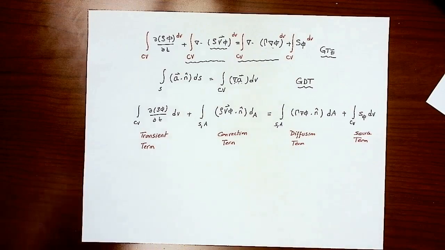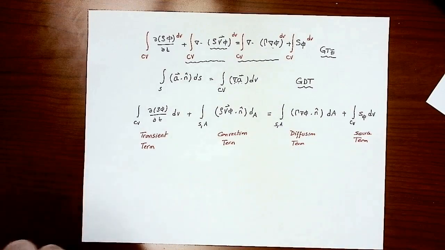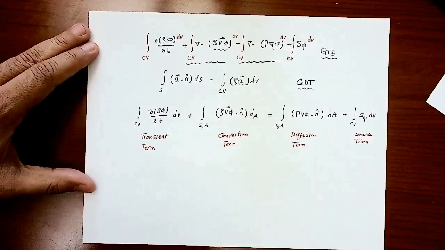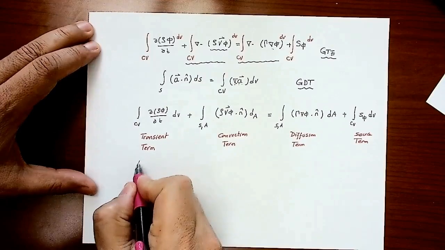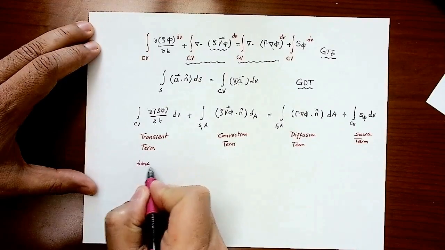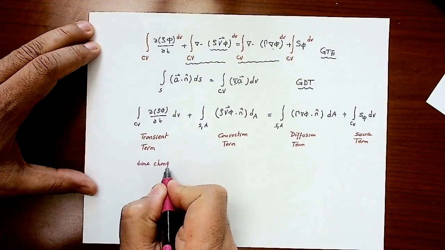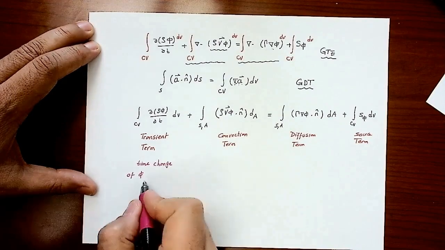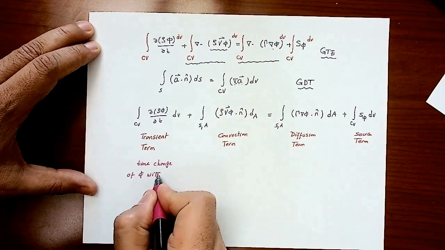If I want to write the description of each term in words, this is the time change of the variable phi within my control volume.